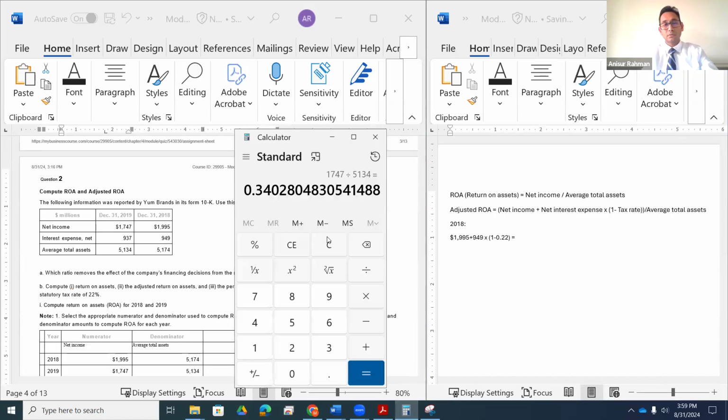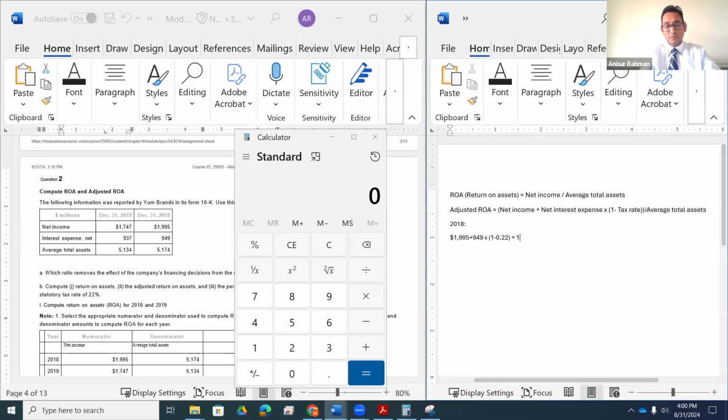Let me redo this. 1995 plus, I will calculate 1 minus 0.22, which is 0.78, and then multiply by 949, which is 740.22.